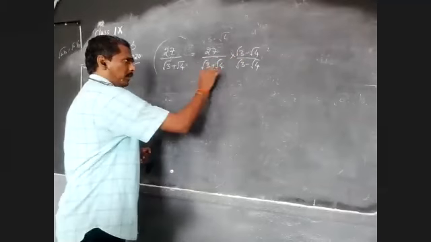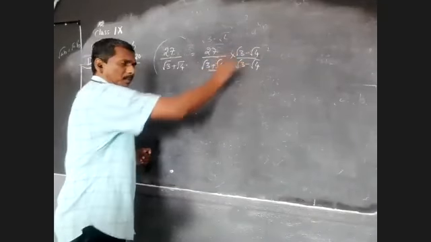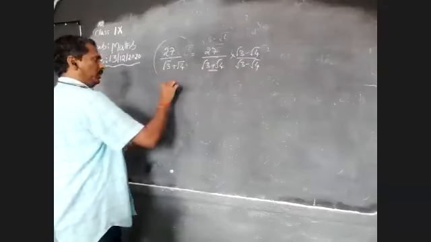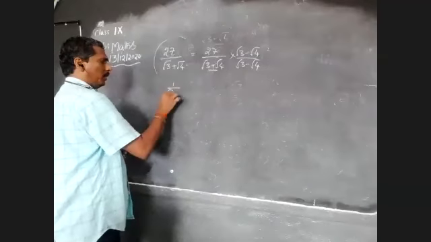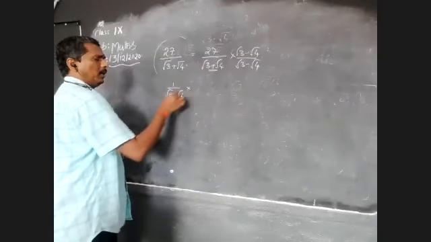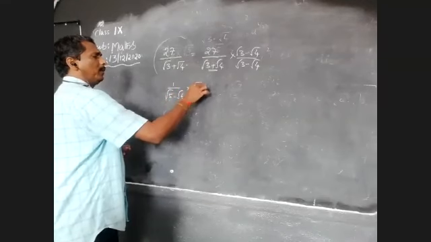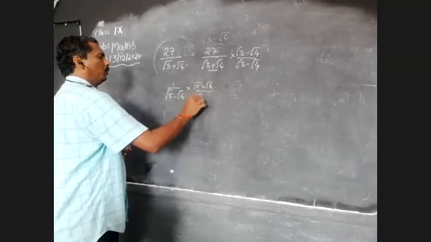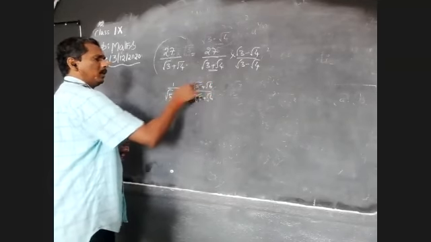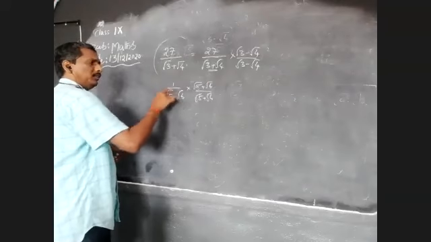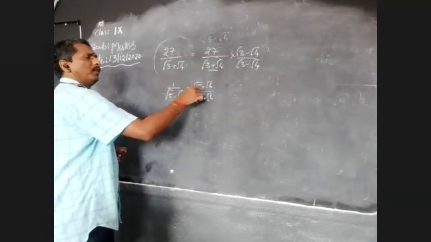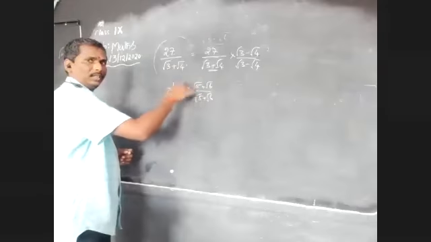If the plus symbol is given, we change it to minus. Suppose it is given here root 5 minus root 6. We multiply and divide with root 5 plus root 6. So the rationalizing factor of this one is root 5 plus root 6.